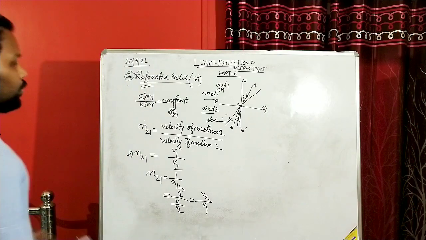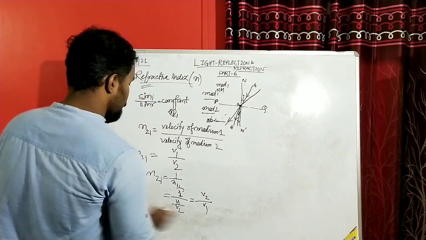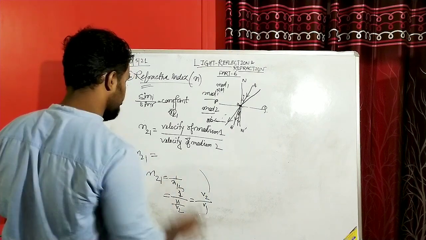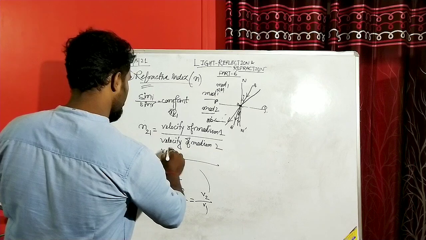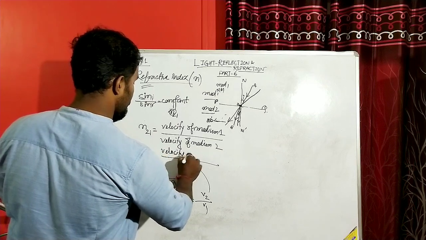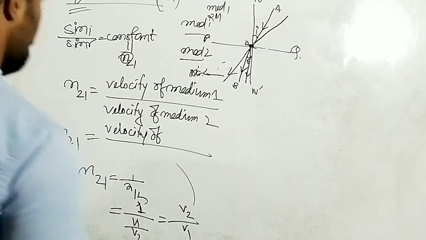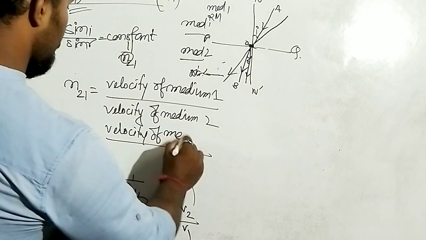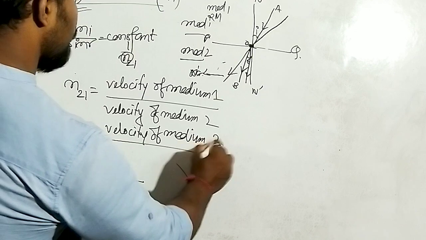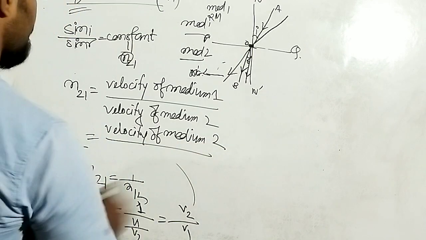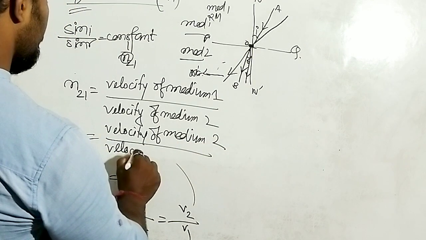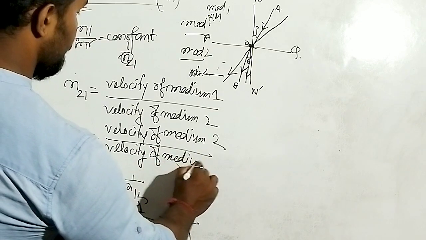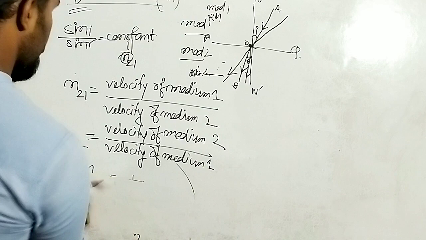So simply, sorry, it should be n12: velocity of medium 2 by velocity of medium 1.